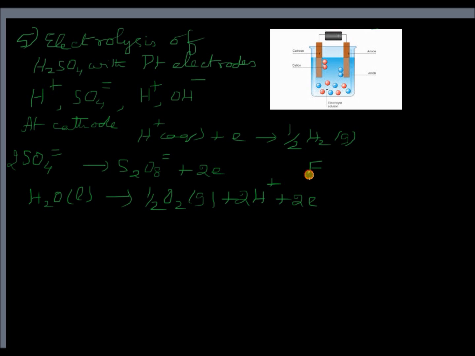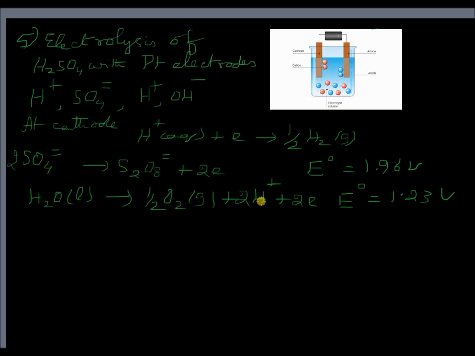The E naught for the first reaction is 1.96 volt and E naught for the second one is 1.23 volt. And you know that oxidation of water requires a voltage more than what is shown by the E naught value, but it is still less than what is required to oxidize the sulfate ion.